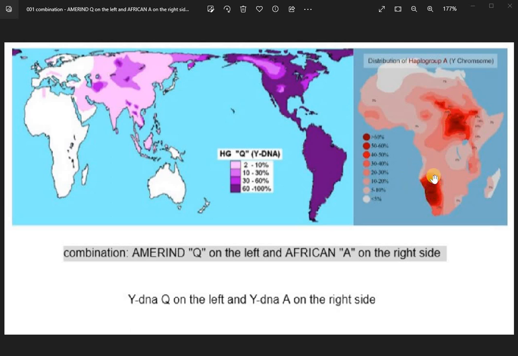So to make it easy, A is here, retracted to survive. So this is what is left of the most native Africans here.